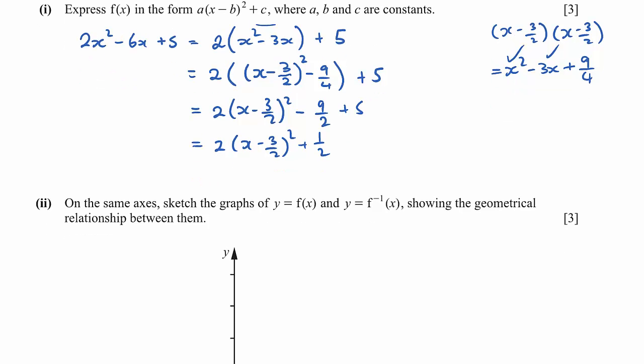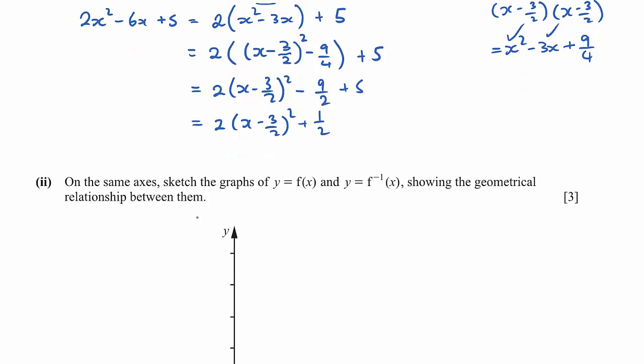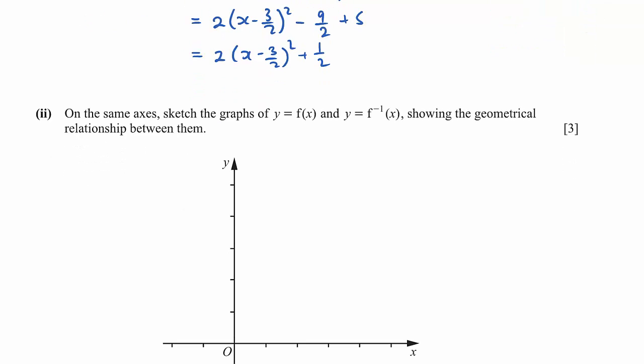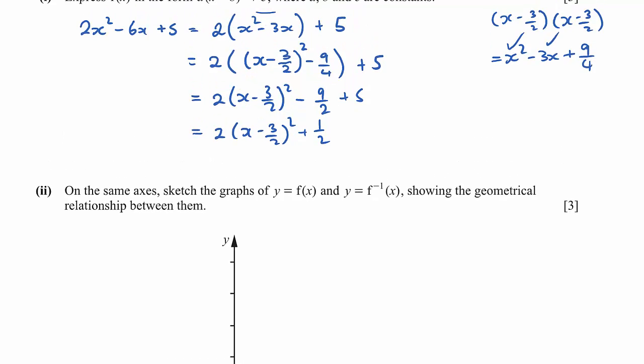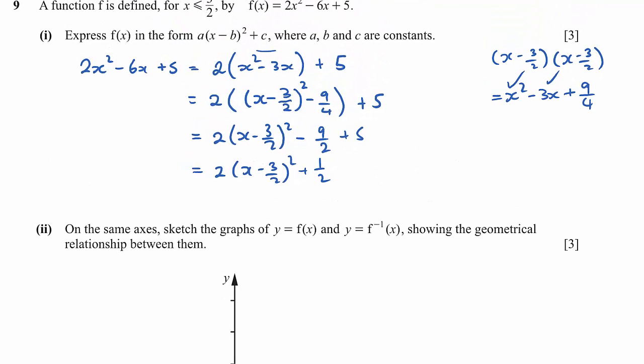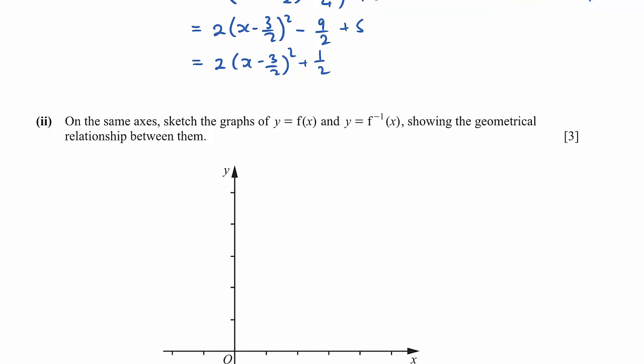Okay, so on the same axis we want to sketch the graphs of y equals f of x and y equals the inverse of f of x, showing the geometrical relationship between them. Now that geometrical relationship, of course, we should know. It was defined for x less than or equal to 3 over 2.